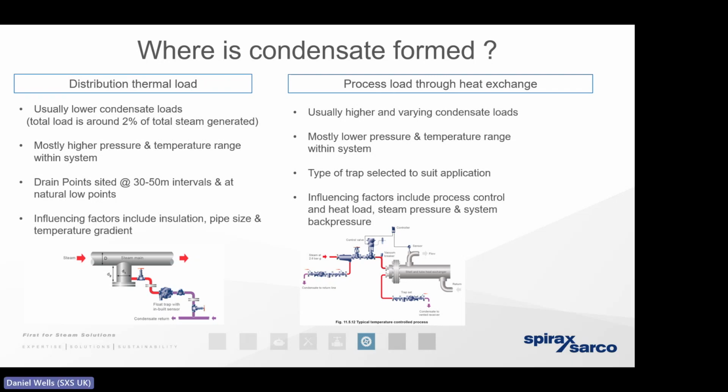And that heat loss, when we're warming the system up from cold, we refer to it as the warming up load. Typically, we would double that running load, that 2%, 200 kilograms, to allow for that massive condensate that is going to be present whilst the infrastructure is warming up.